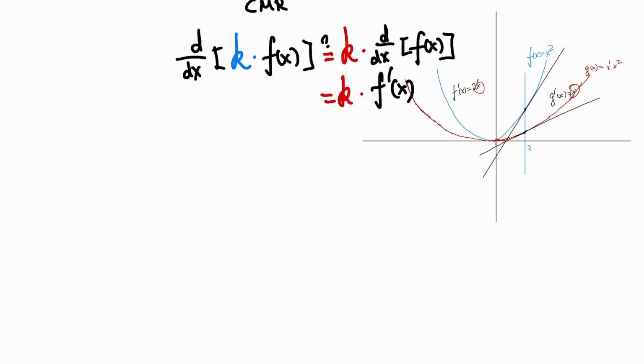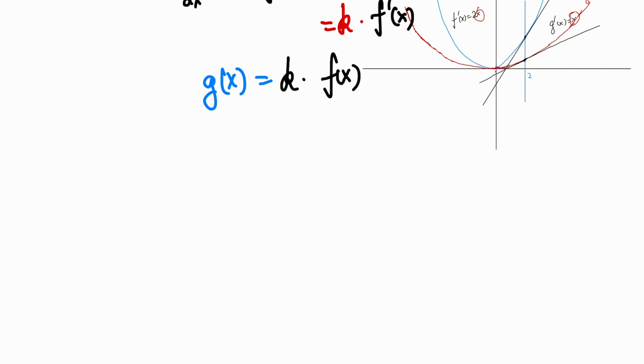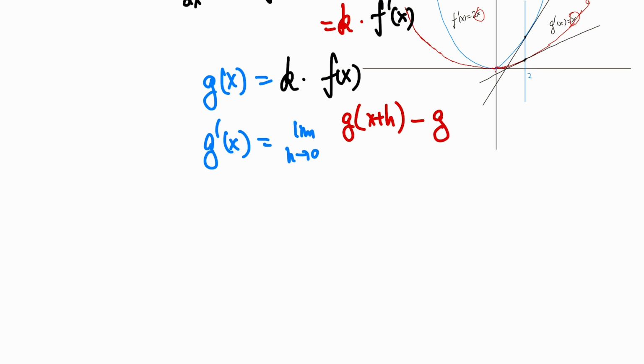So first of all, let's set a function g of x, and let's set that to be equal to k times f of x. If we have that function defined and we want to take the derivative of g of x, we get g prime of x is equal to the limit as h approaches 0 of g of x plus h minus g of x, over h.